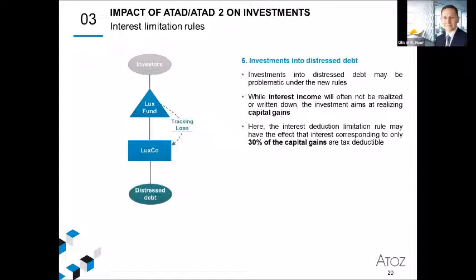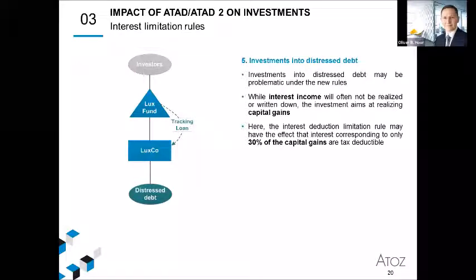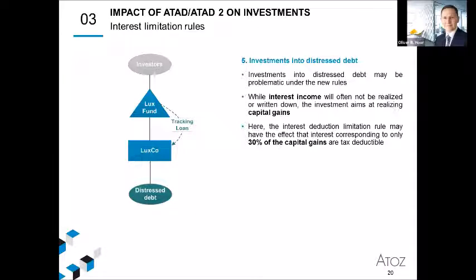And that was probably the key concern when the interest limitation rules were first provided in draft law and then implemented. However, speaking about some solutions, there's one thing that one could think about in terms of accounting treatment. If it's possible to treat the income as interest income for accounting purposes, then tax would follow accounting.